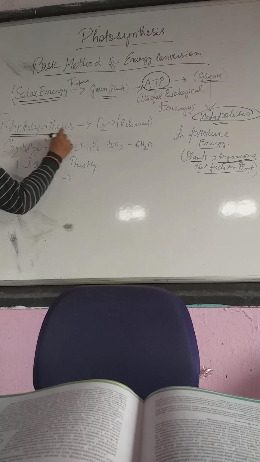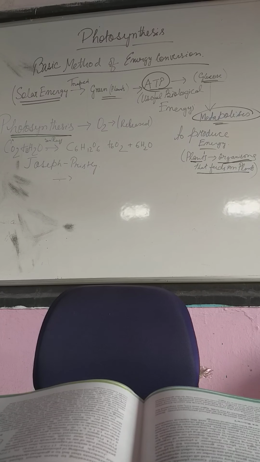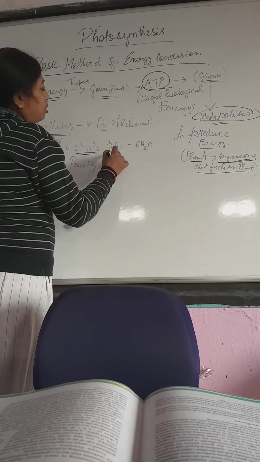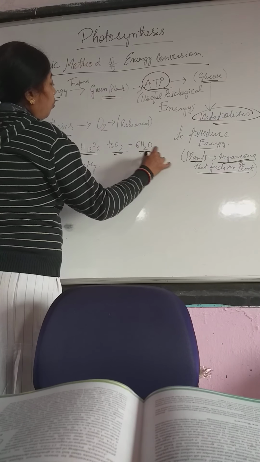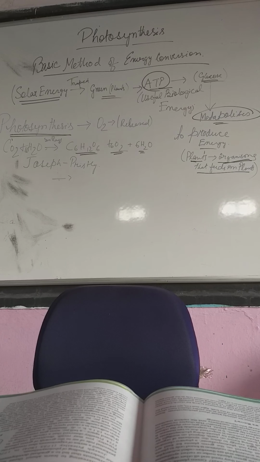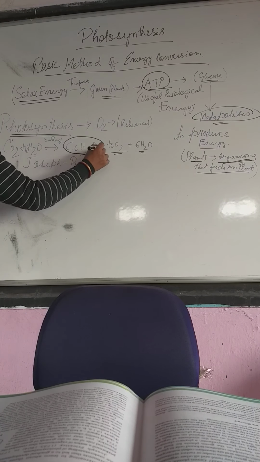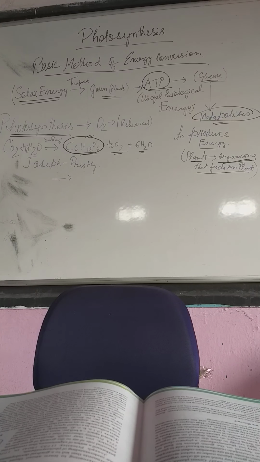photosynthesis. Now if we recollect the definition, photosynthesis is a process by which green plants take in carbon dioxide and water vapor in the presence of sunlight, and produce glucose, oxygen and water. So this is the basic definition, and this C6H12O6 is the molecule of glucose that is produced during the process of photosynthesis.